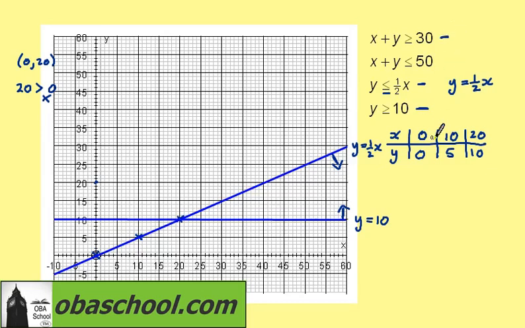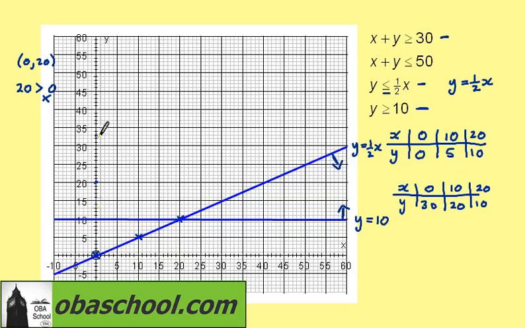Consider the inequality X plus Y is greater than or equal to 30. We need a table of values to draw the line X plus Y is equal to 30. If X is 0, Y is 30. If X is 10, Y is 20. And if X is 20, Y is 10.